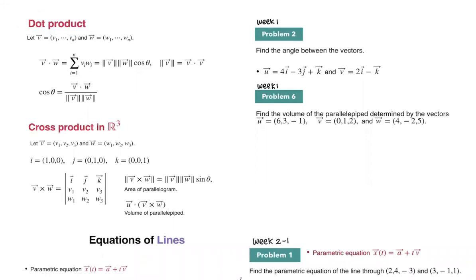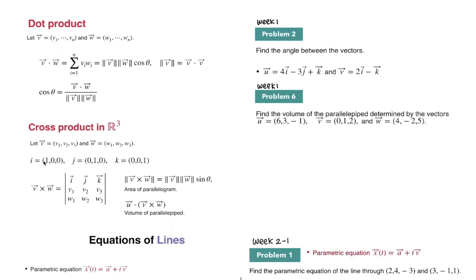So if vectors are given by v and w, actual vectors in Rn, then we can calculate the dot product, and it is given by just the summation of the multiplication of their coordinates.